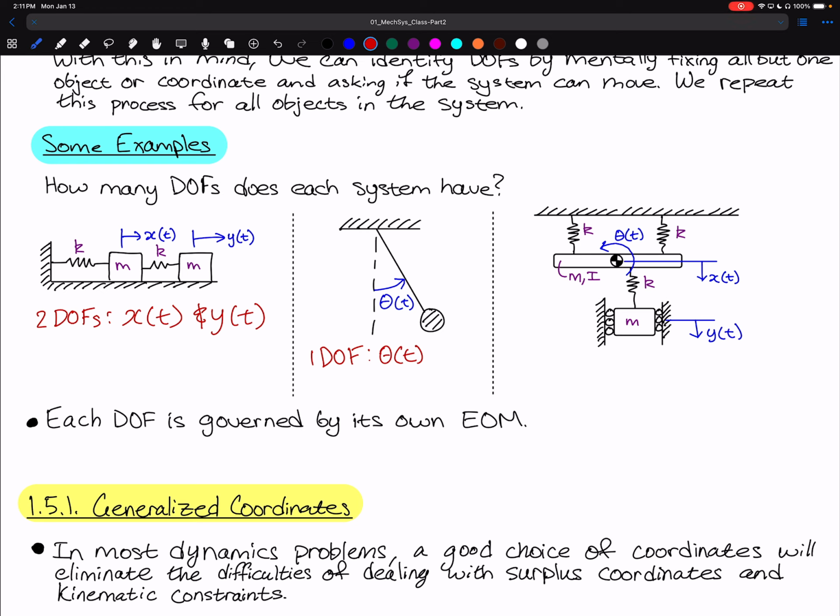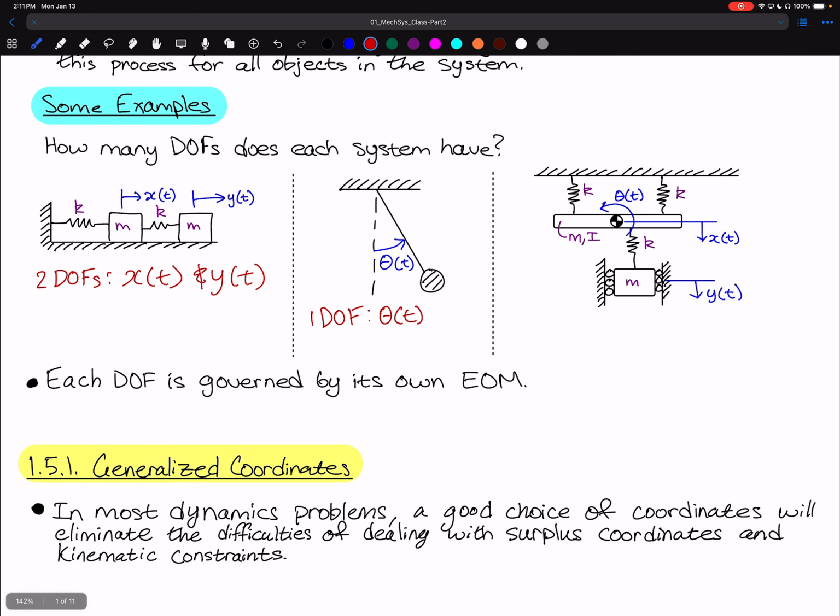If we fix the hanging mass and the rotation of the bar, the bar can still move vertically. And if we fix the vertical motion but not the rotation, then it's allowed to rotate. So that is how we know there are 3 degrees of freedom here, and those are x of t, y of t, and theta of t.